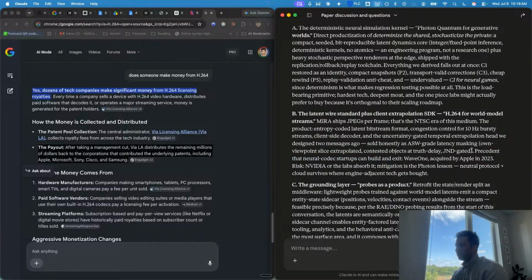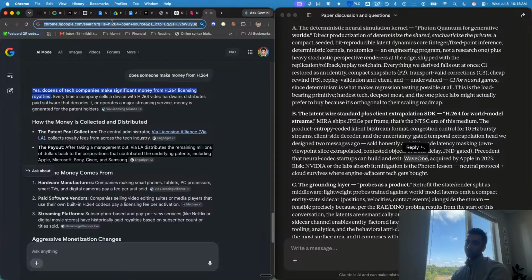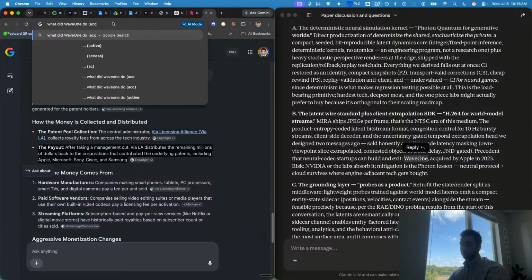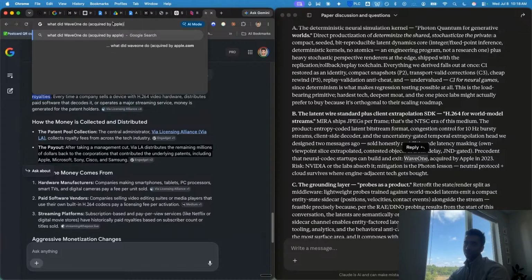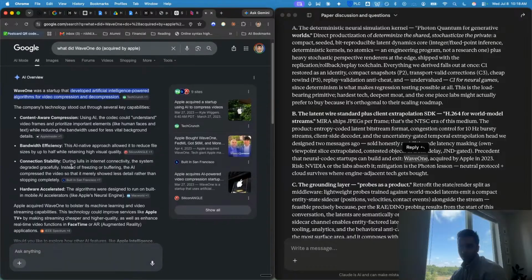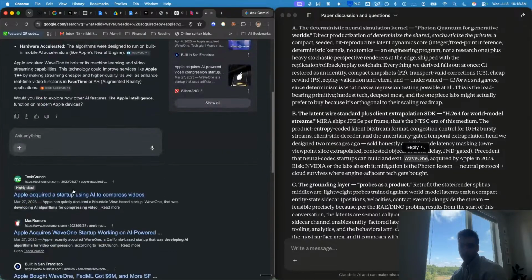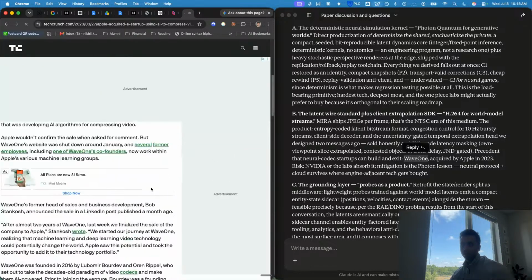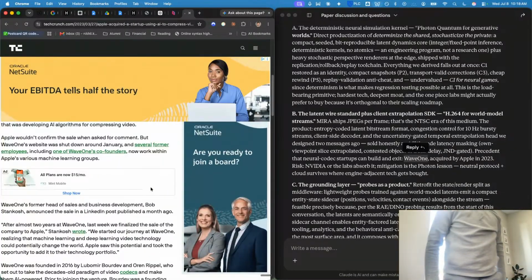I guess this is saying that I'm wrong. Let's see, what does this wave one do? Okay, so I guess this is a counterexample to what I'm talking about. Let's read about this.